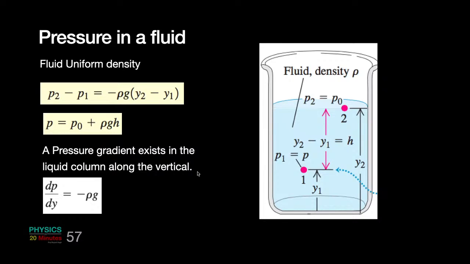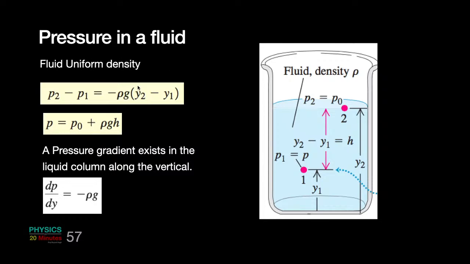column along the vertical. So if there is a liquid column, then the pressure gradient does exist, in the sense that if I take any two vertical points which are separated by say y2 minus y1, then the pressure difference will be P2 minus P1, which is equal to minus rho g (y2 minus y1).